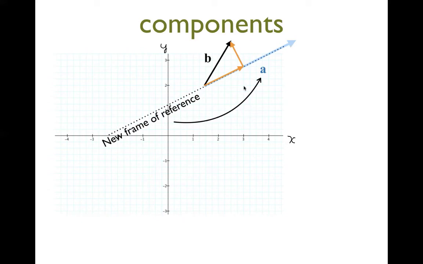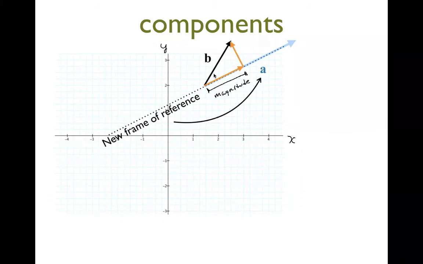So let's start by finding just this magnitude of that parallel component. What would that be? So how can we get that?